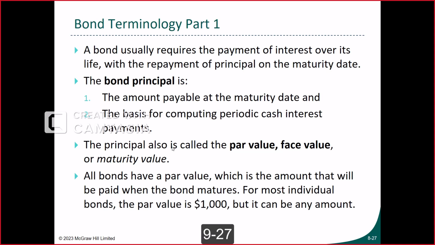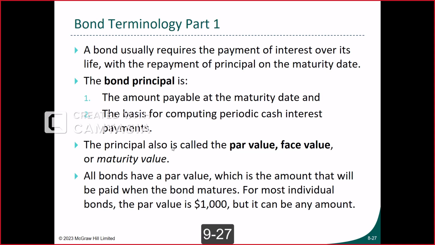So the principal is the amount that is going to be paid back at the maturity date. We call this also the par value or the face value or the maturity value of the bond. It is the amount that is going to be paid back by the company at the maturity date.